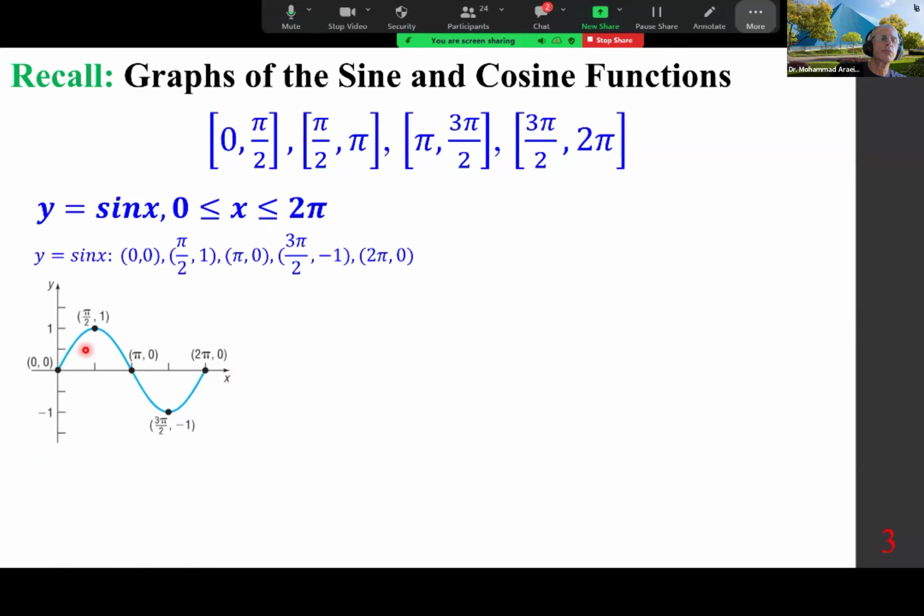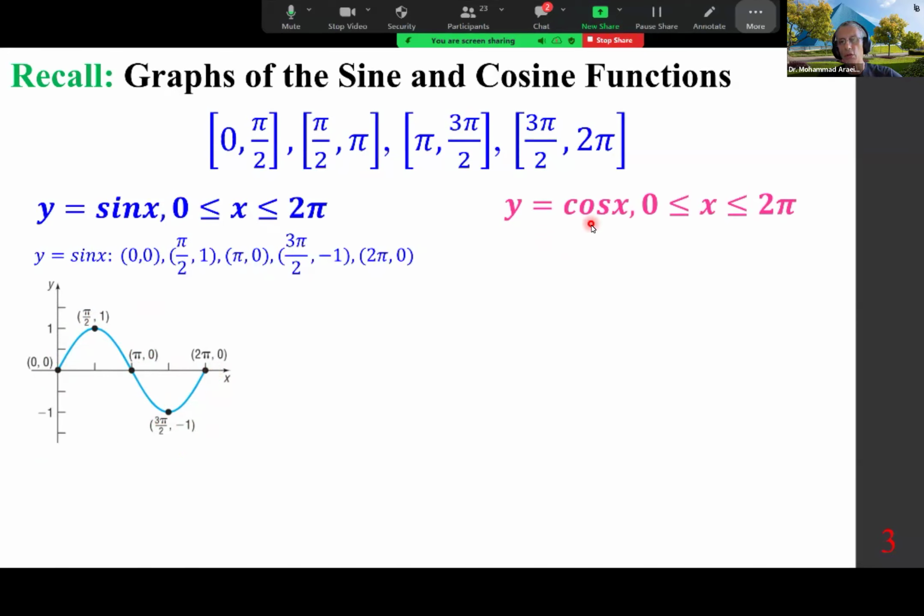And the important points are the 3 intercepts and the max and min. 0, 0, pi over 2, 1, pi, 0, 3 pi over 2, negative 1, 2 pi, 0, and you have the graph.